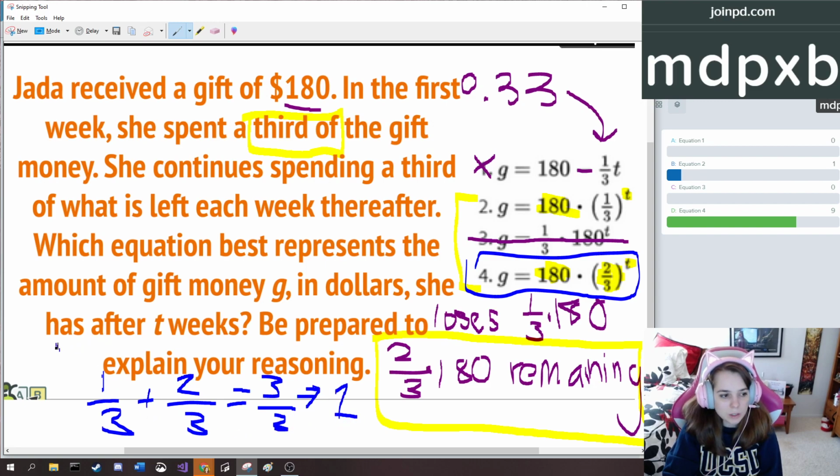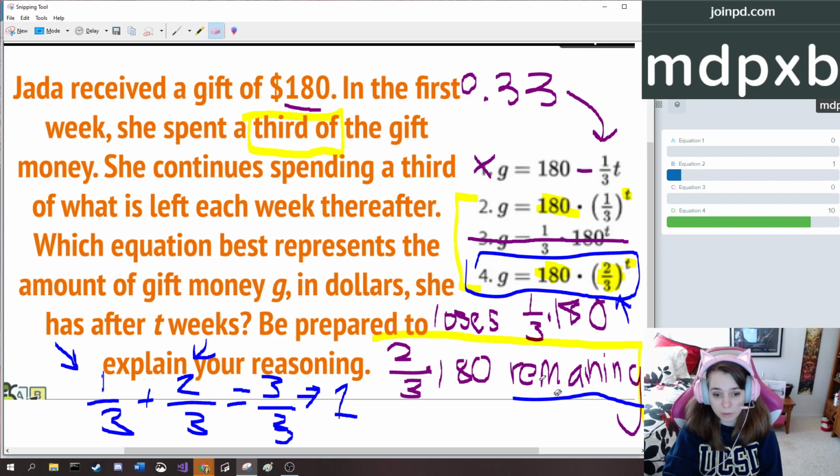So when we write these equations, make sure that your rate, your growth rate here, is calculating what remains, because we want to know how much money she has left each week. I don't want to know how much she spent. I'm interested in the amount of money she has remaining. That's why we use the remaining factor when we're doing these calculations.